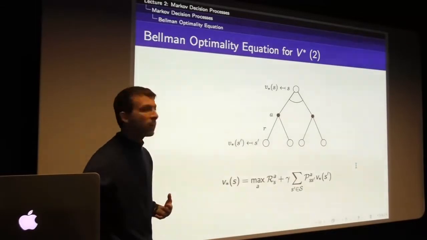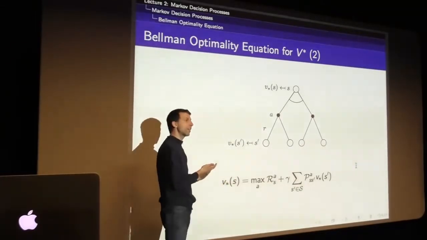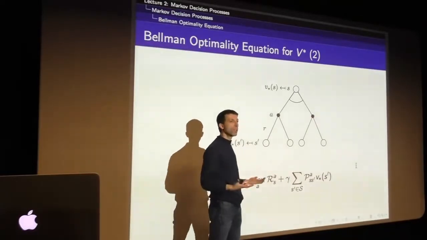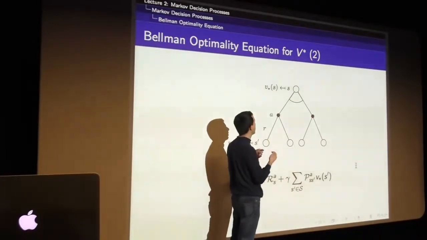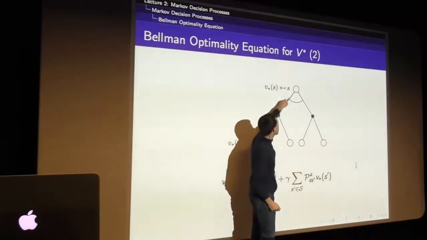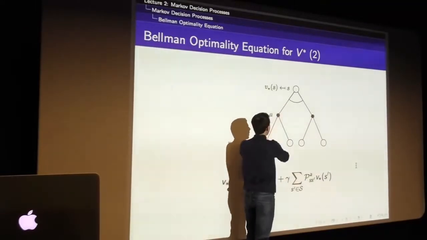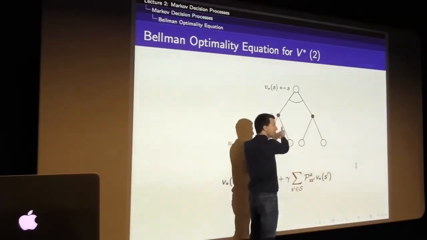And again, we can put those two pieces together, and when you do, you have a recursive relationship that relates V star to itself. So this gives us an equation that we can solve. This is now a two-step look ahead. We're looking ahead over the actions we can take here and maximizing over those. We're also looking ahead over the dice that the environment might roll, and we don't maximize over the dice.